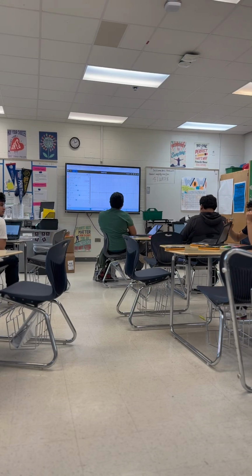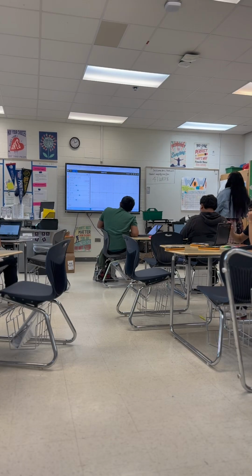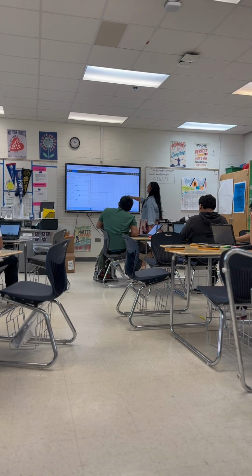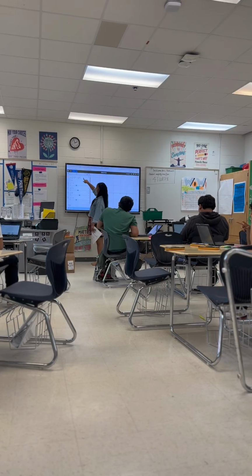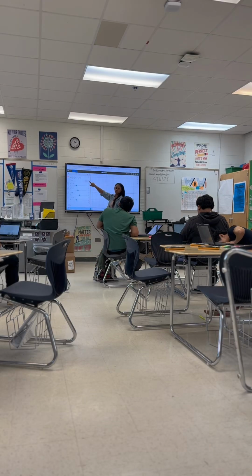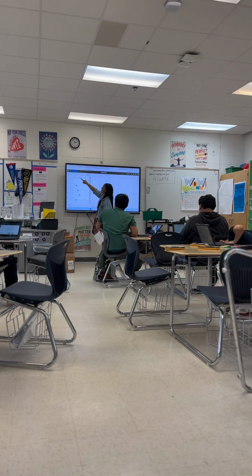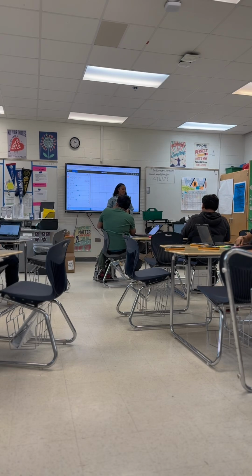When you're typing in your formula, make sure your parentheses are both on the outside, like this, not splitting in the middle. If you split in the middle, you're not going to get the right answer. So make sure you enter it exactly how you see the formula on your paper.